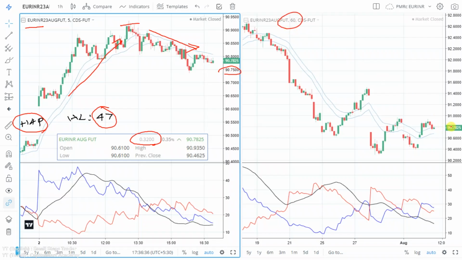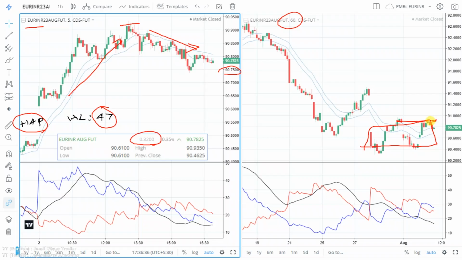On the 1 hour chart, to my view, this is still sideways. Today's 32 paise plus is just touching the channel resistance.